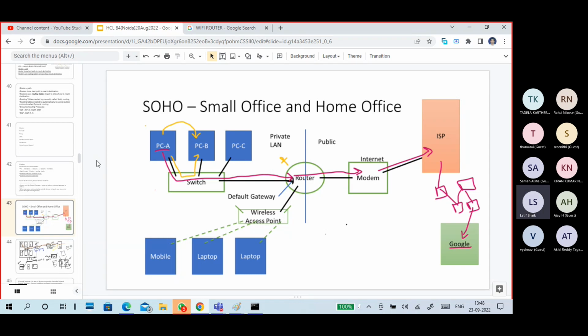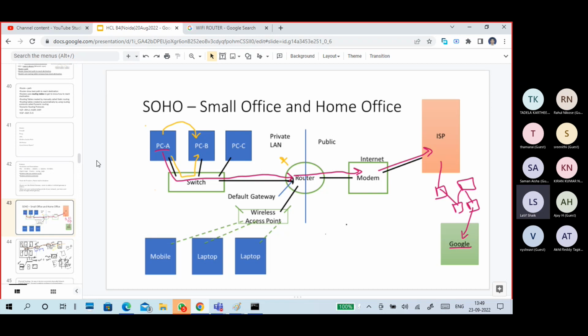For example, in your organization or home, if you have wireless devices like laptops, mobile phones, tablets, what we will do is connect a router interface to a wireless access point. Through the wireless access point, your wireless devices can get connected.